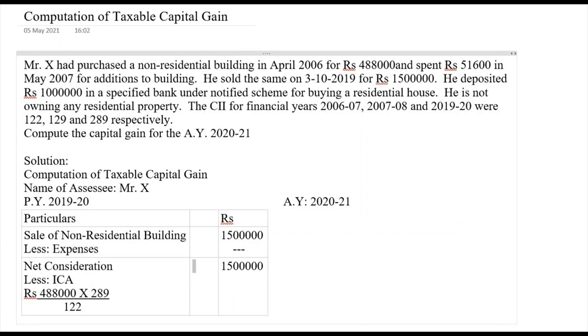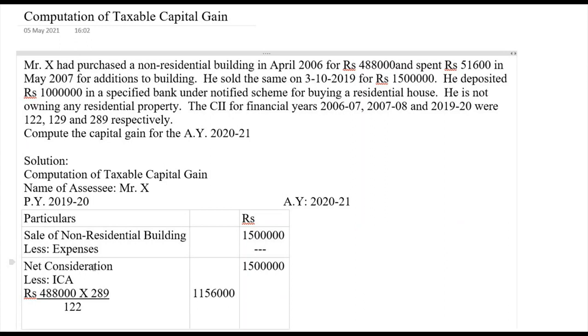So that comes to rupees 11,56,000. Then next we should also deduct less indexed cost of improvement.